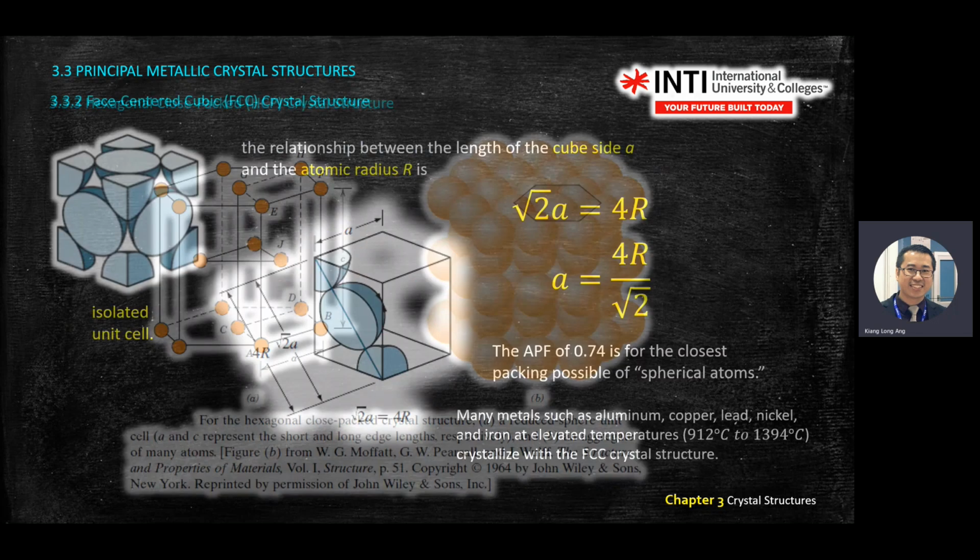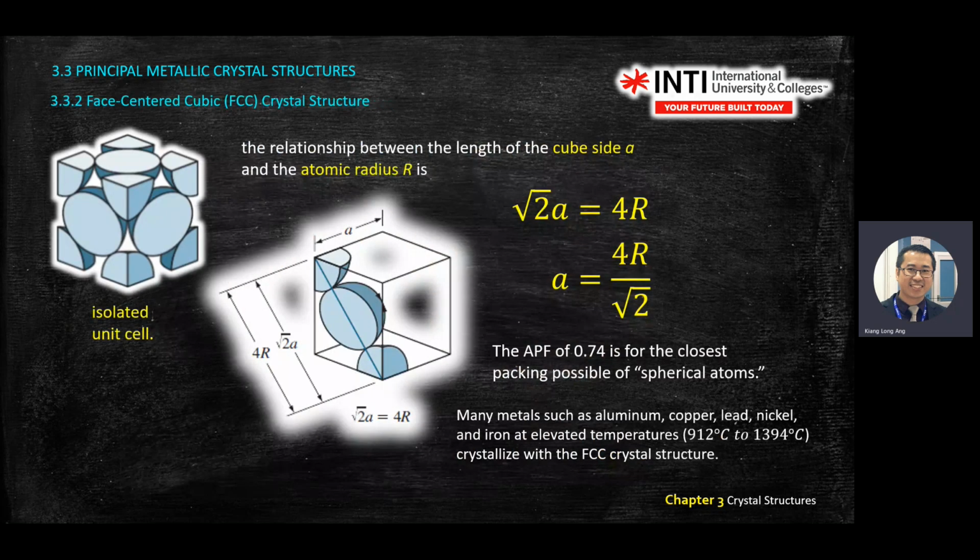Okay. So previously they will show you the table of types of metals that have a certain type of crystal structure. So you refer to that table. Examples of FCC, the famous ones, will be aluminium, copper, lead, nickel, and ferrum.